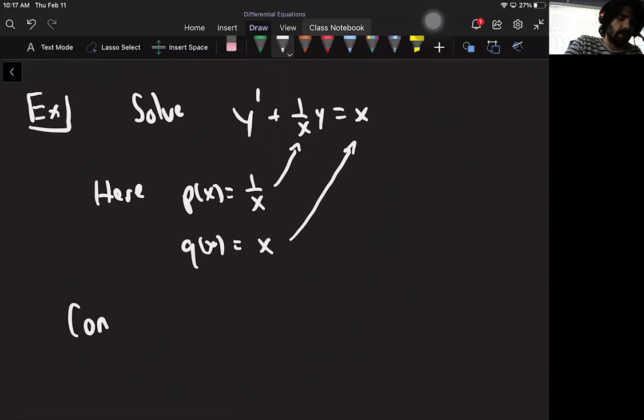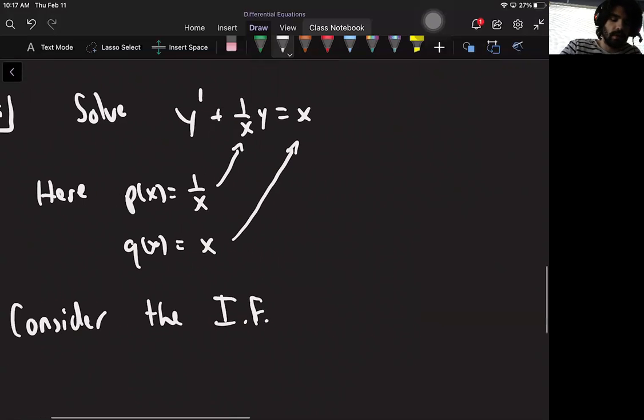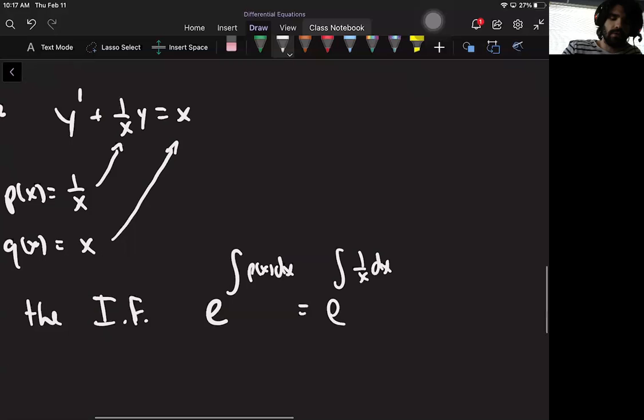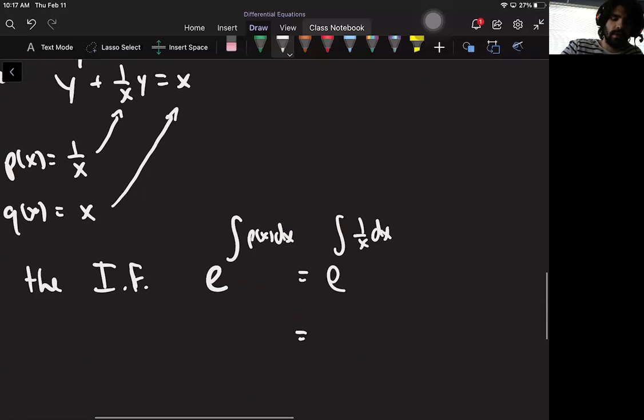So now let's think about this integrating factor, is what it's called. So I'm supposed to do e to the integral of p of x. So that would be e to the integral of 1 over x. So I know the integral of 1 over x, luckily. It's ln of x. And then I'm going to add c here, just because that's what you're used to doing.